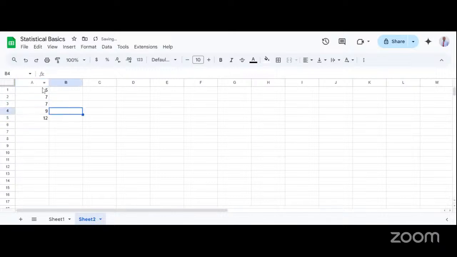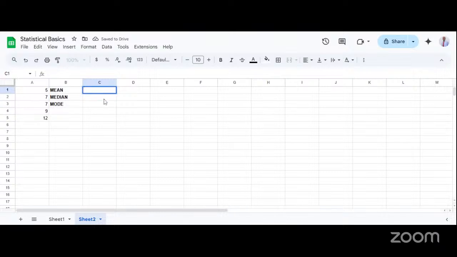So the mean, median, mode, based on these numbers here.